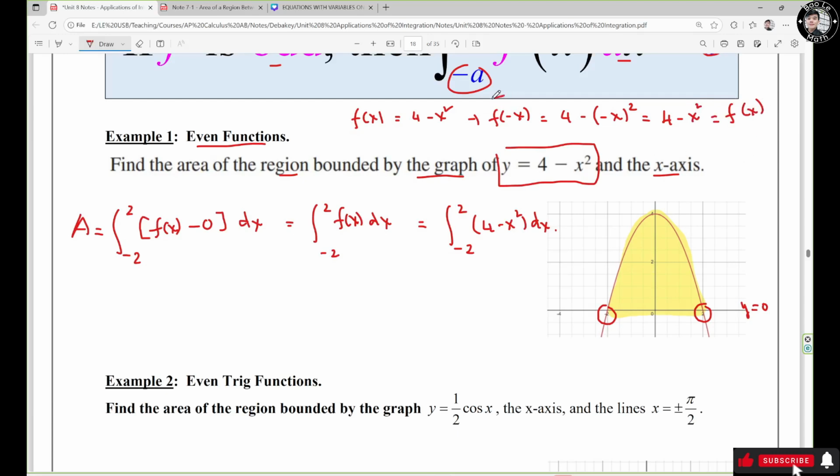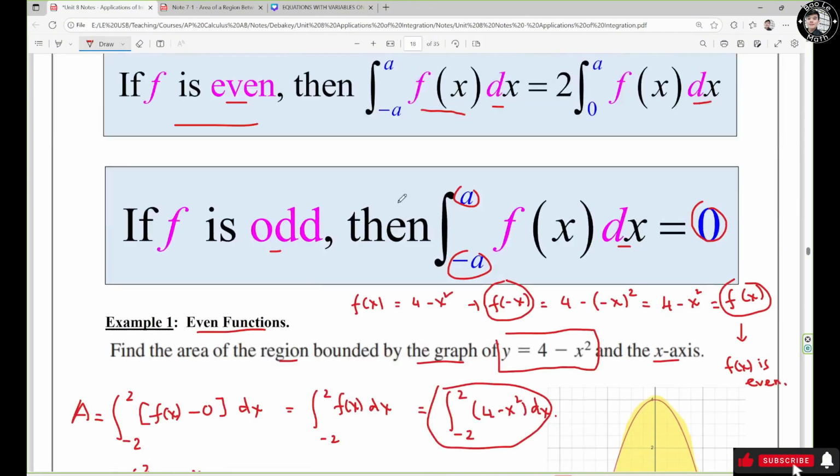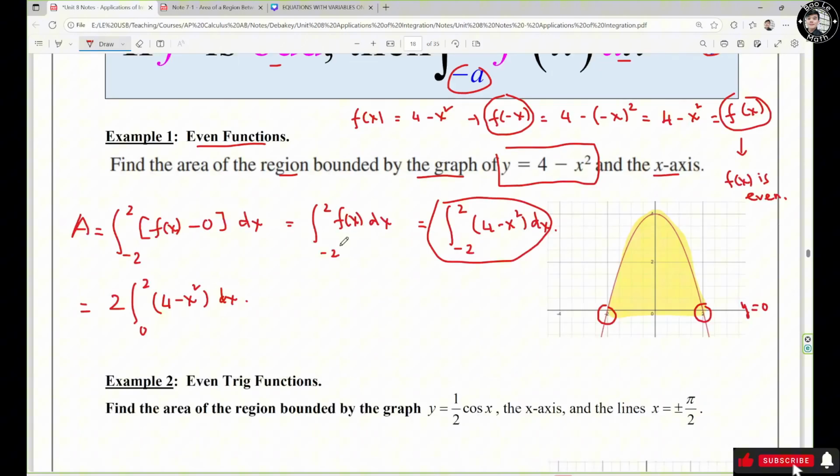So I just proved that f of negative s equals f of s. It tells us that f of s is even. So this becomes 2 times the integral from 0 to 2 of 4 minus s squared ds. I'm going to use the formula right here.